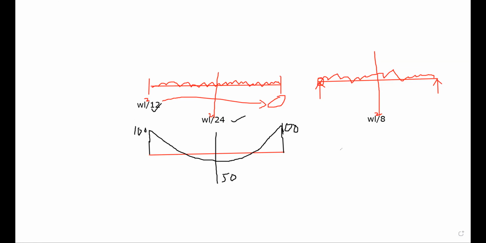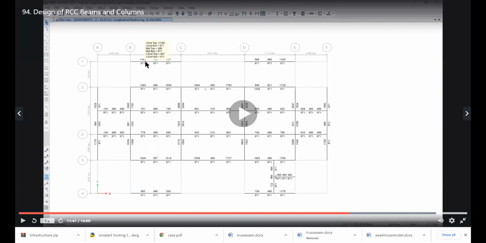Small changes might be there in real structures. For this beam, you can see that 1804 is there, 1790 is there. So some changes will be there.